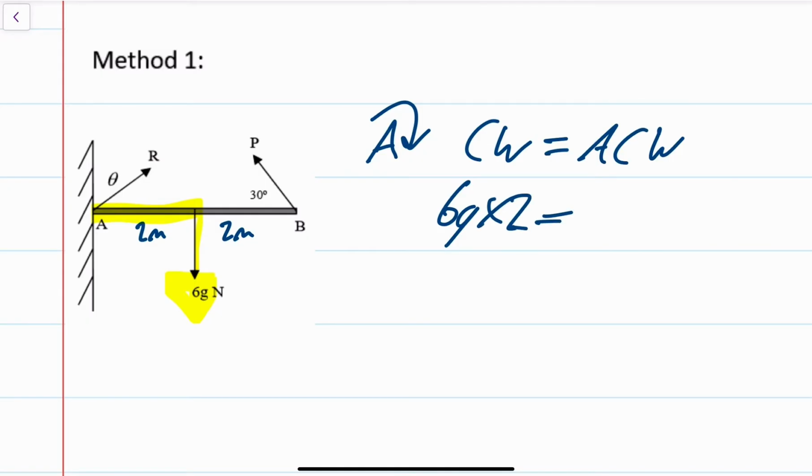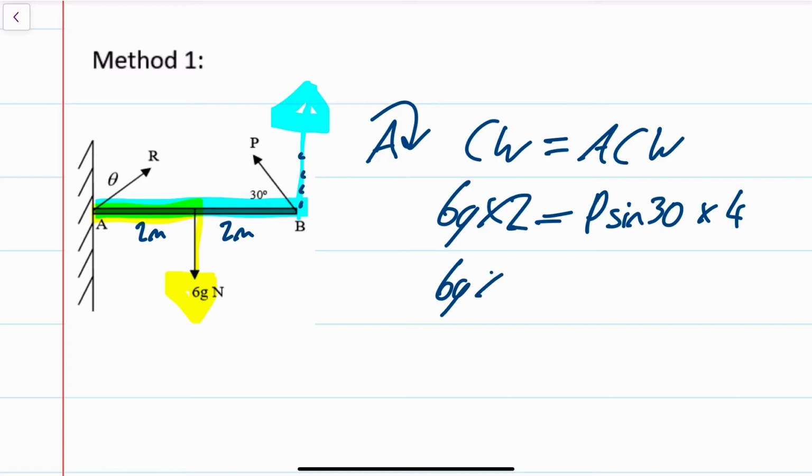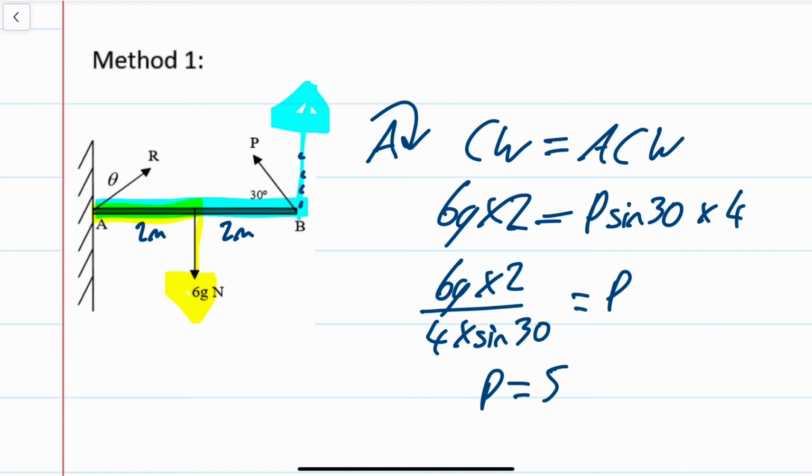And anti-clockwise is going to be this one going up in this direction. I should have put in a little dashed line there. To pull that P up in that direction, it's going to be P sine 30, and then that is times 4. So a little bit of working out then. 6g times 2 divided by 4 times sine 30 is going to be equal to P. That is going to be 58.8 newtons.